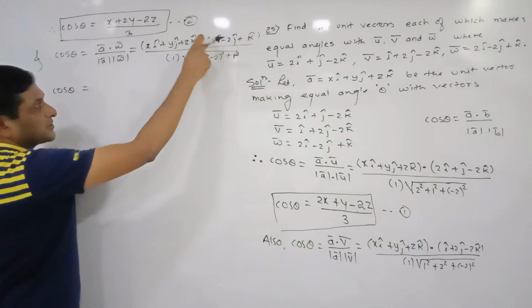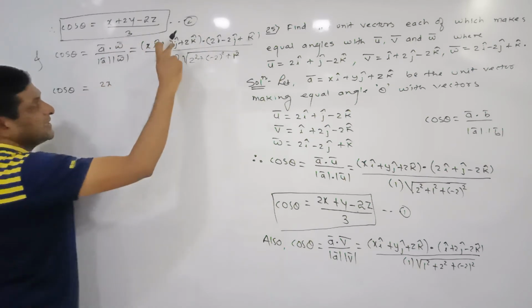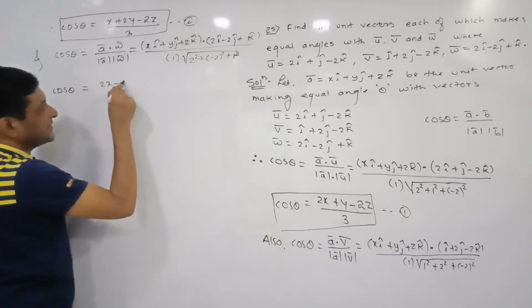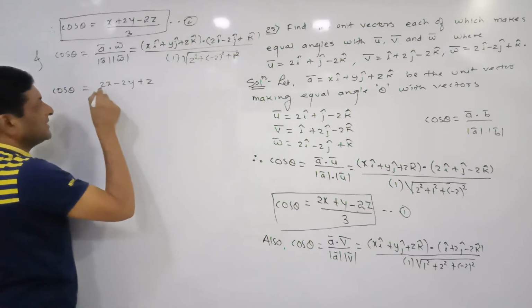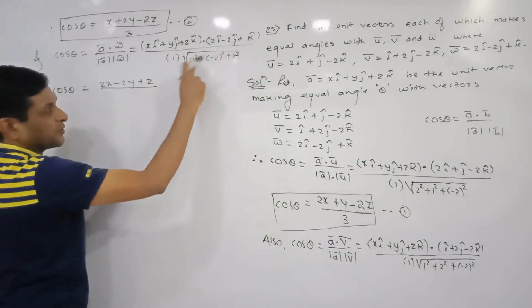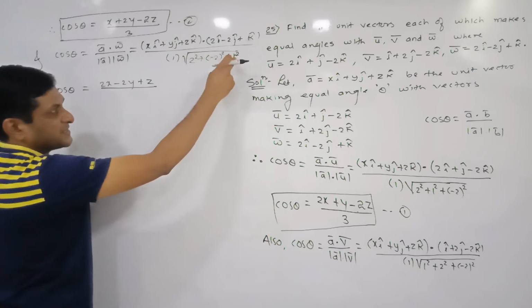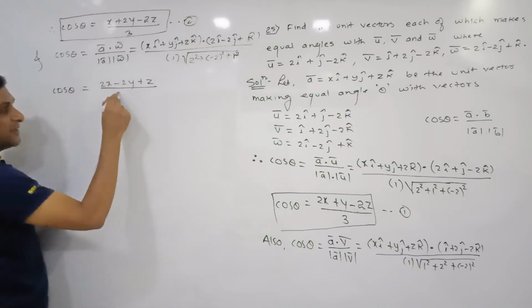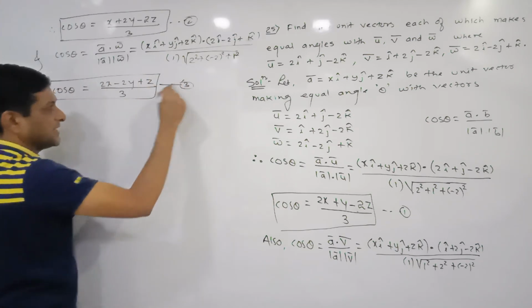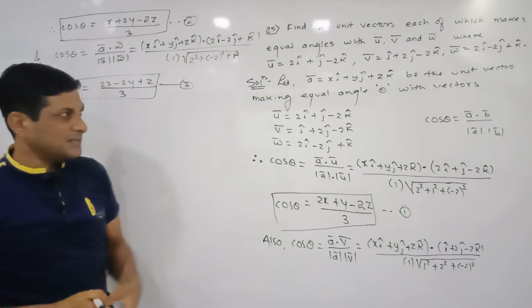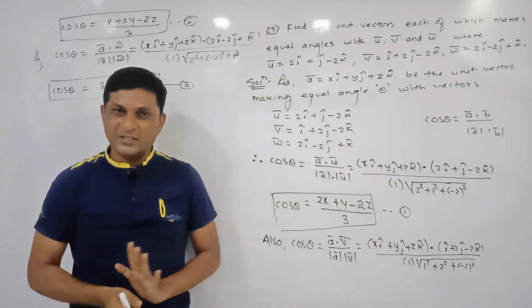So take the dot product. 2 into x is 2x, y into minus 2 is minus 2y, and z into 1 is z. In the denominator, 4 plus 4 is 8, 8 plus 1 is 9, the square root of 9 is 3, and 3 into 1 is 3. In this way we have got three values of cos theta using the condition that A bar makes equal angle with these vectors.